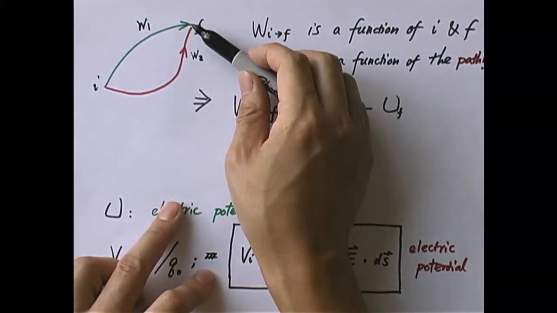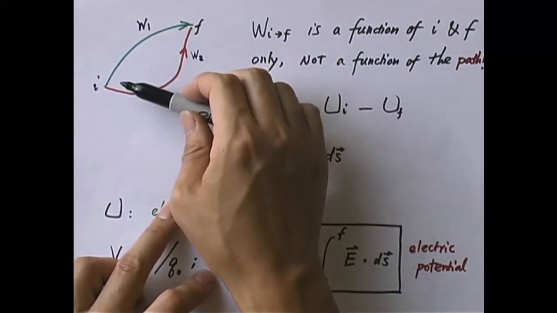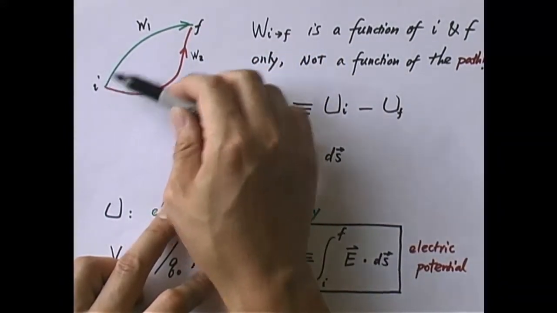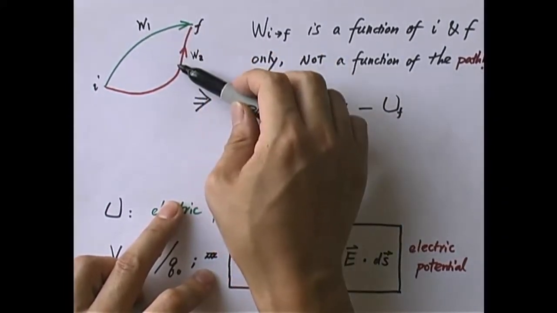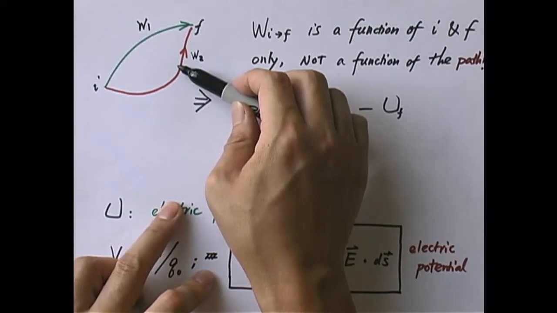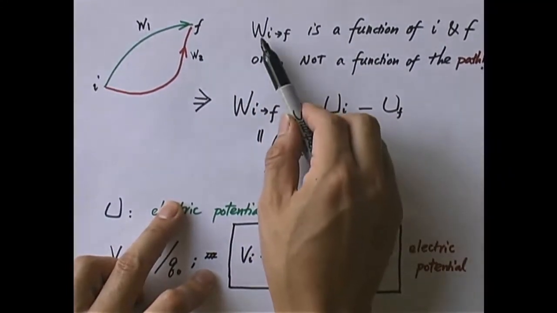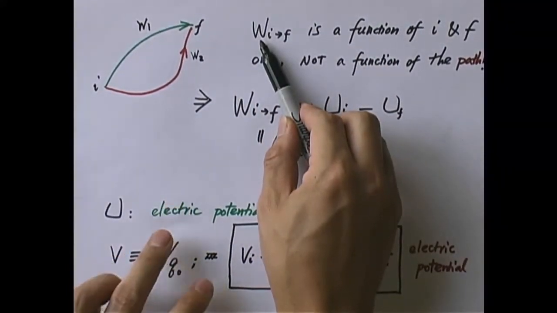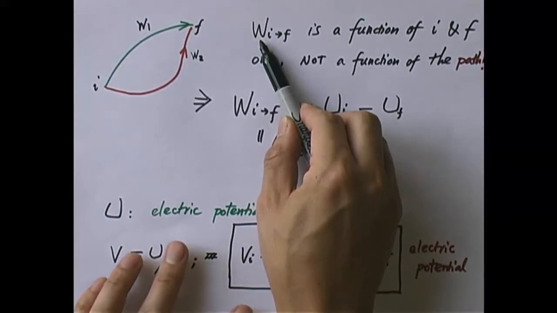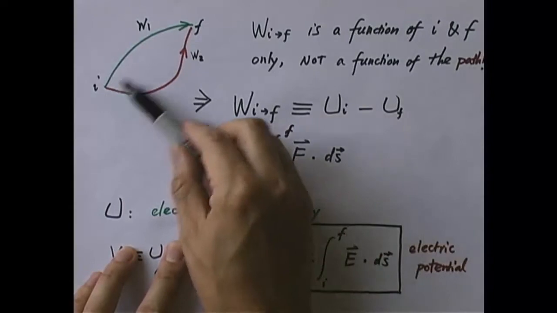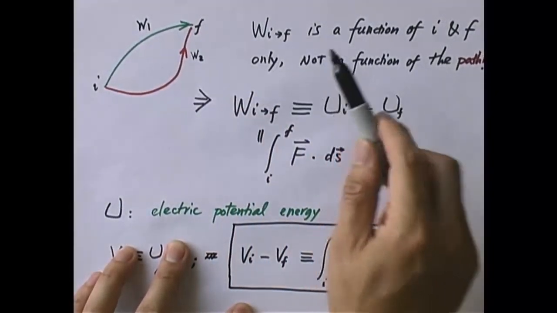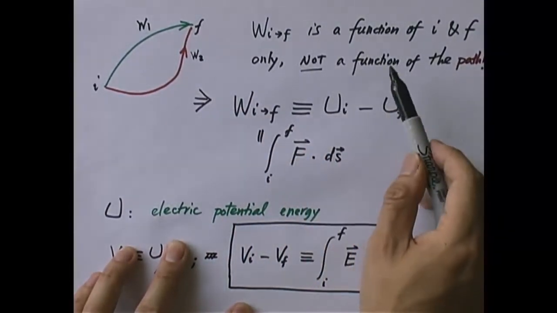And that tells you that the work done due to electrostatic force on any moving charge going from a certain initial position to a certain final position is independent of the path, because whatever 2 paths you choose, you get the same amount of work. So again, W, the work done on any charge under the influence of electrostatic force going from initial to final, is a function of I and F, these 2 points only, but it's not a function of the path.